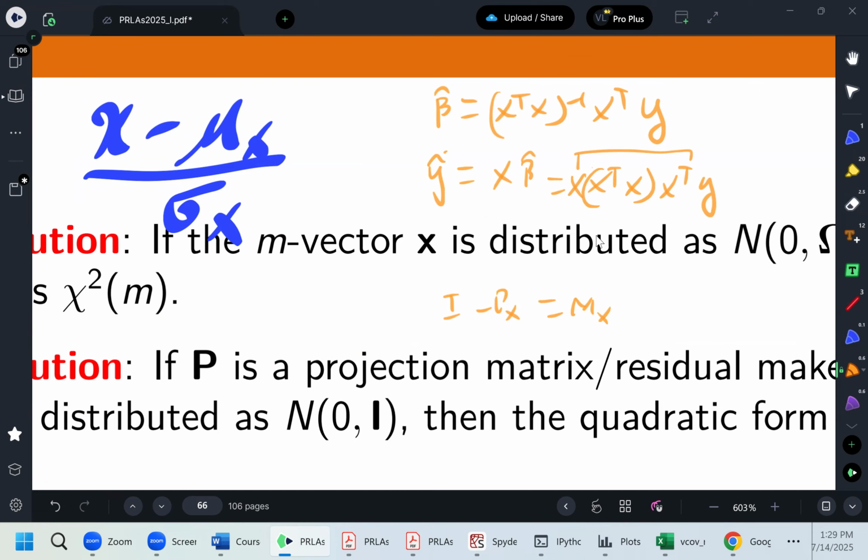So when you have P_X, it is a vector. Let's say you have a vector y, and this table is the space of the explanatory variables. If you have the dependent variable on the surface of the table, what happens? If you project something into the space of itself, you predict perfectly, no residual, right?